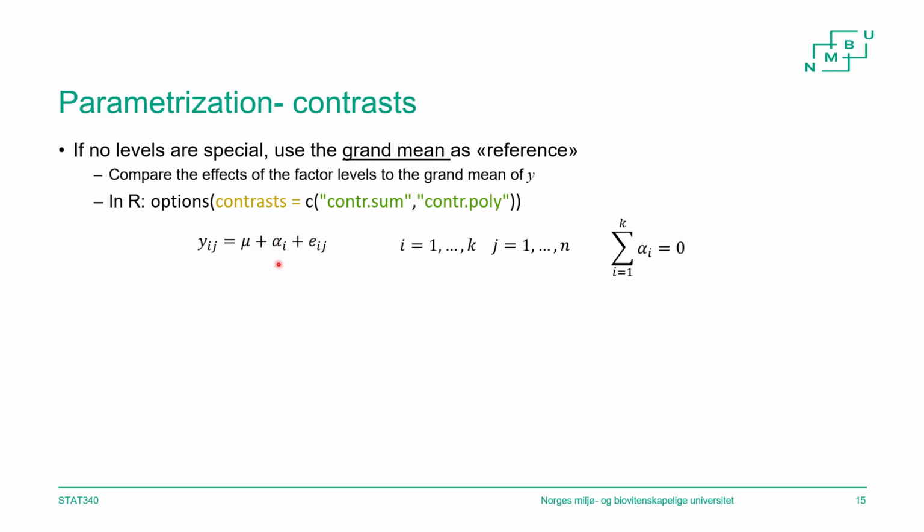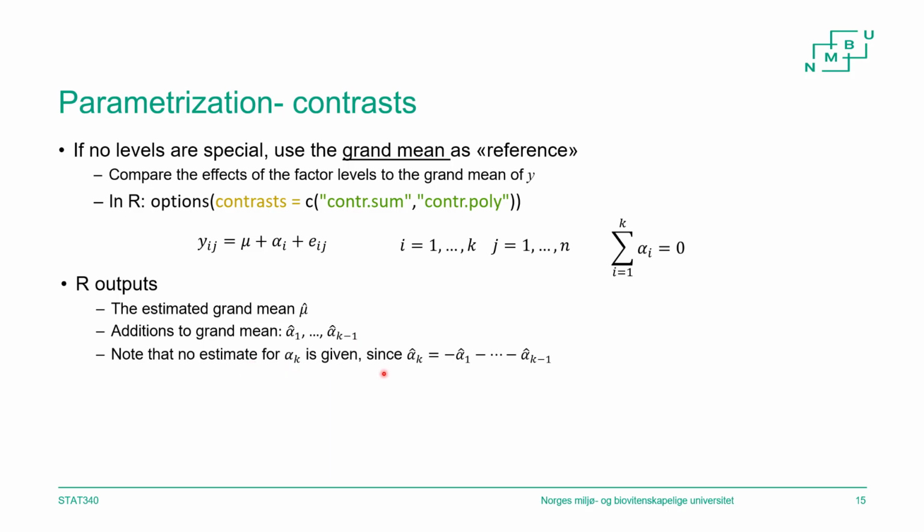Some of them positive, some are negative. Otherwise, this would not have been the grand mean, right? So this must now be fulfilled. So remember in the previous case, it was the first level that was 0. Now we say the sum of all levels is 0. And R will now output the grand mean as the reference, and then the deviations from the grand mean, and notice, not for all the factor levels, but for the first k-1 of them, but not the last one.